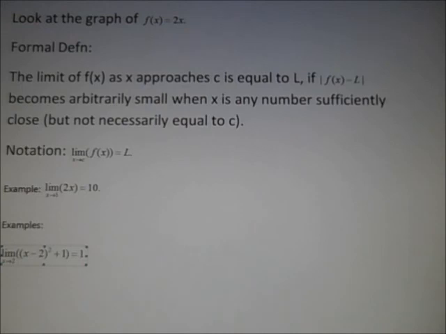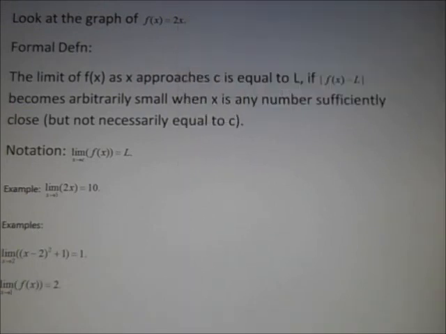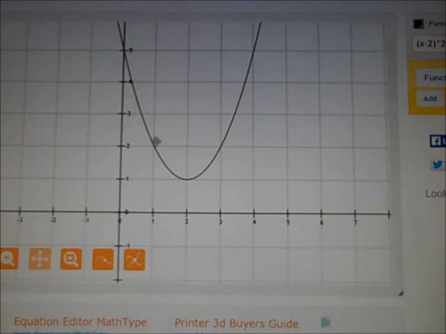So let's write that. We would say that the limit as x approaches 1 of my function, we'll just call it f of x, was equal to 2. So that's the notation for limits, and that's how you do them. You look at the graph and you say what's happening to my y values as my x values are approaching something.